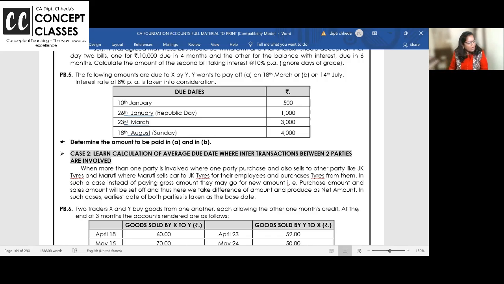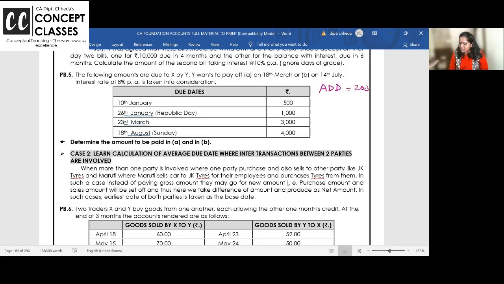For the 5th problem, how much is your average due date? If not, then write down the answer and keep it with you so that you can check it at home.